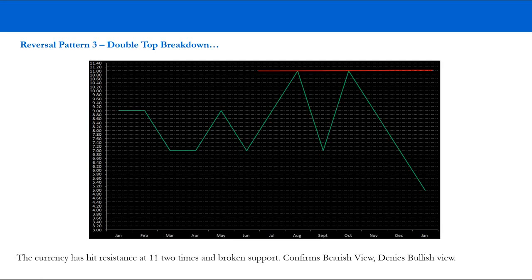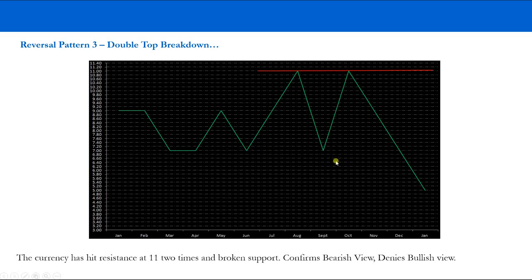Now, moving on to our next reversal pattern, number 3, this is a double top, and in this case, a double top breakdown. So we have a double top in the currency pair. The currency pair has put in a double top at the 11 level, and then it's broken down. So it's broken through previous support.